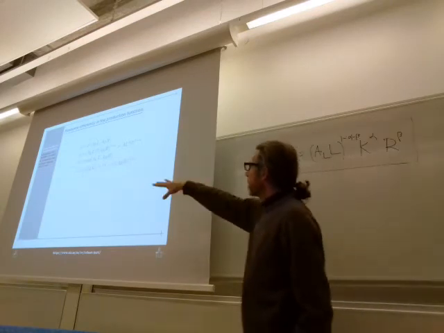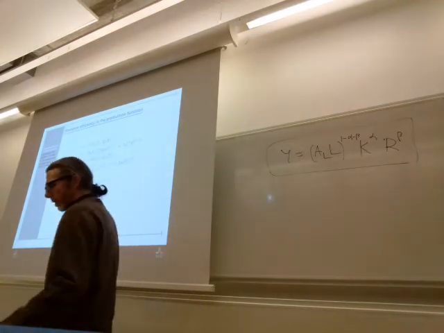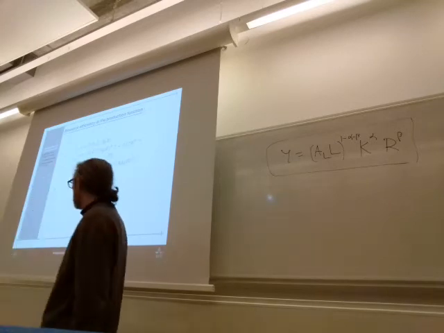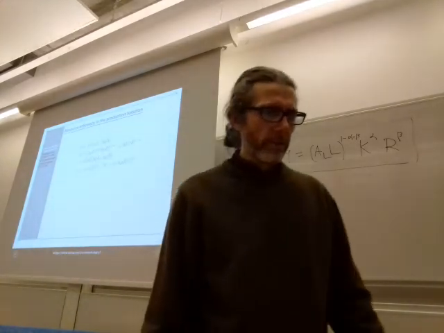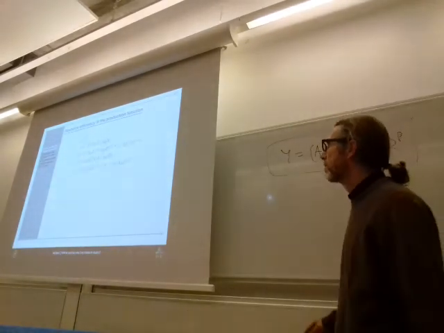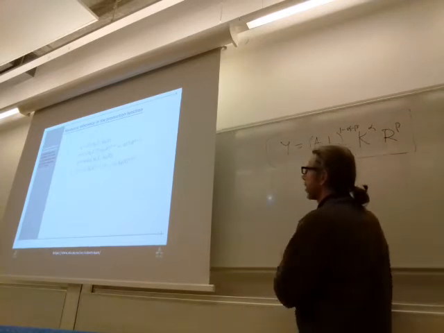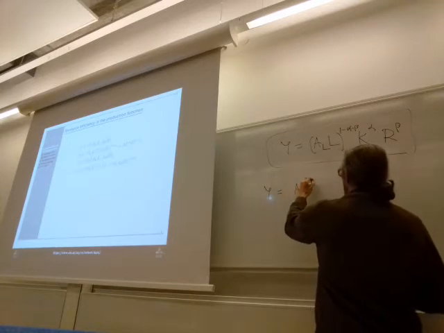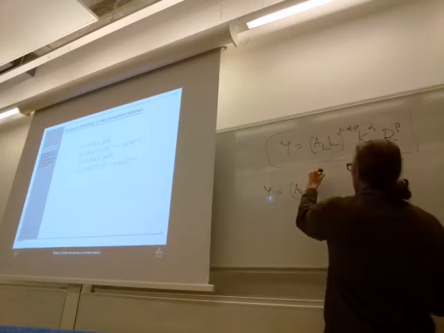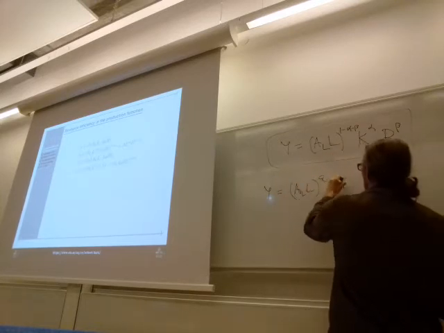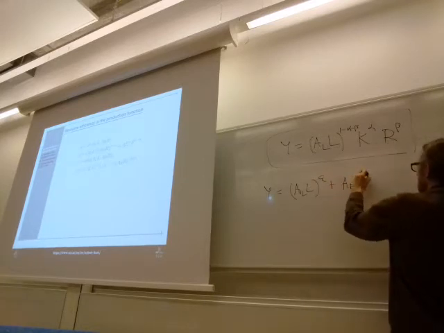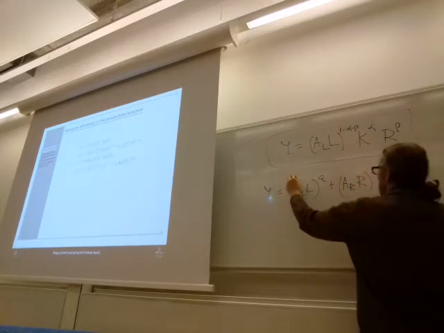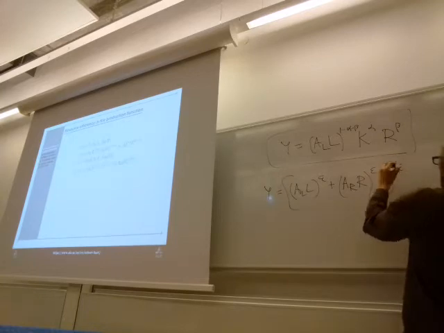So, if we go to look at this bottom line, what value of epsilon would give us perfect substitutes? I'm going to drop the gammas because I want to save ink. So let's say we've got ALL to the epsilon plus... okay.